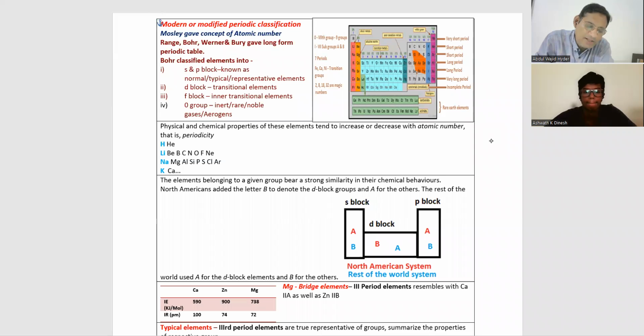So we have done Mendeleev's periodic classification.